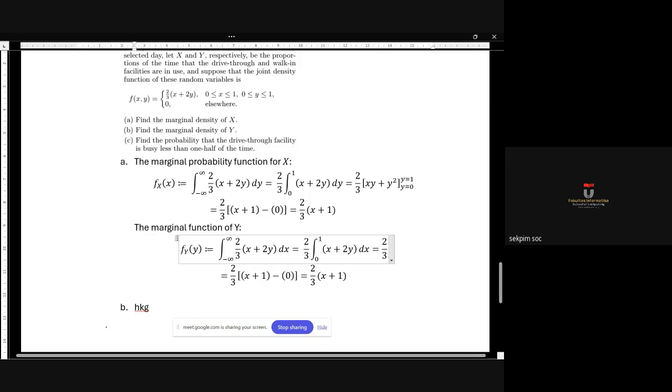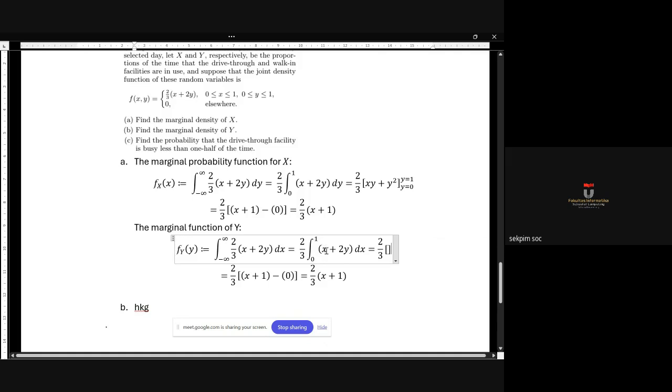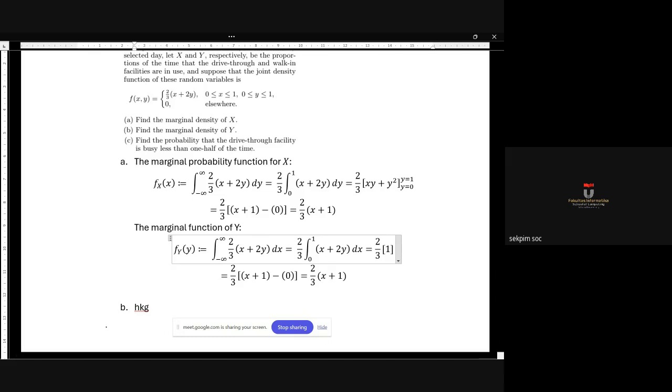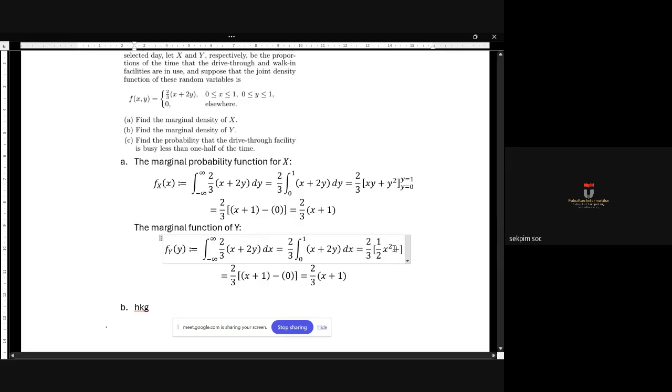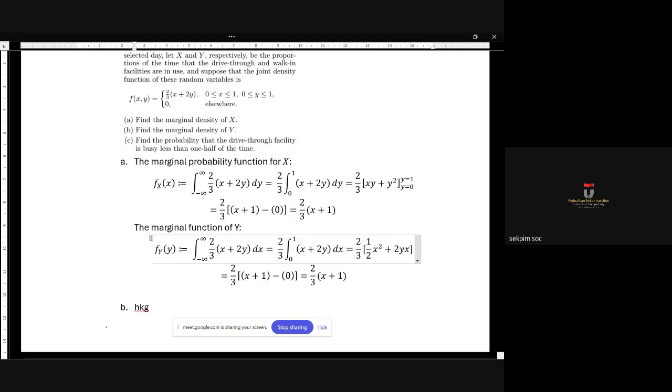The antiderivative is equal to this one. We take the derivative over the x. So the antiderivative of x is 1 over 2 x squared, right? Plus 2y. The antiderivative of 2y over dx is just 2yx.